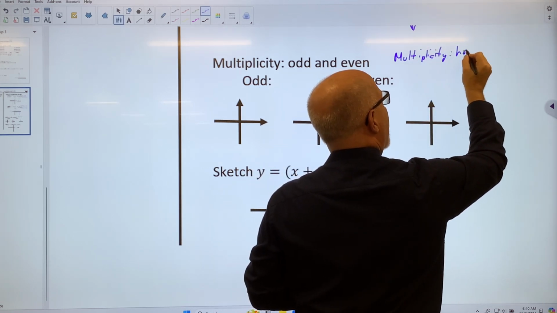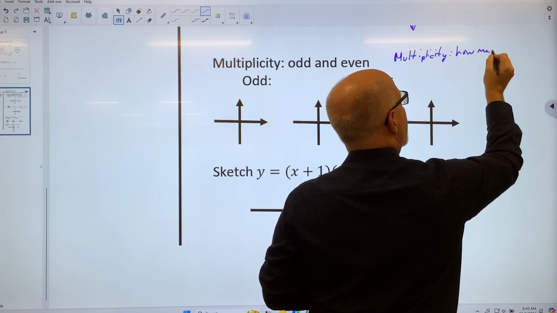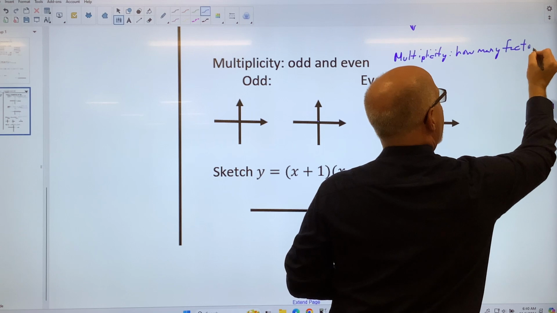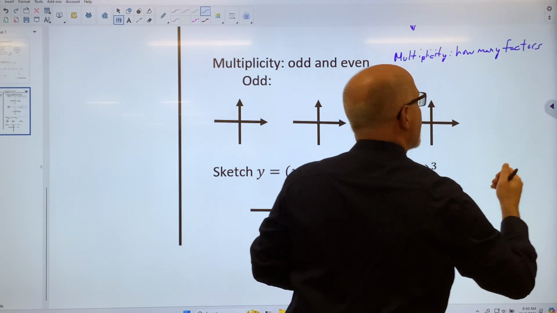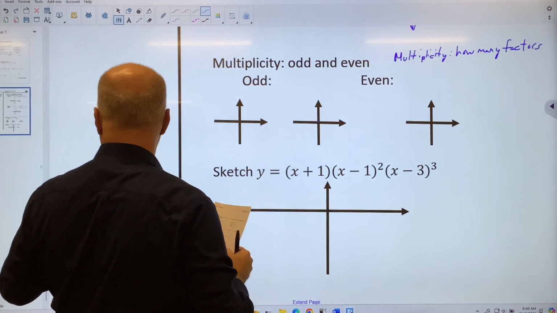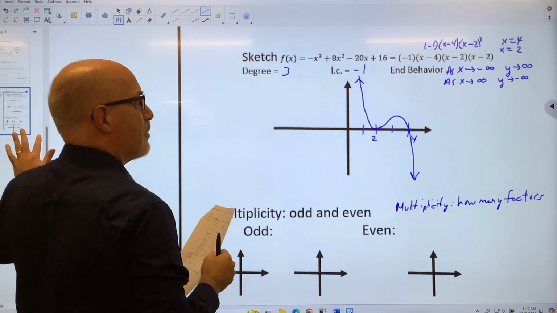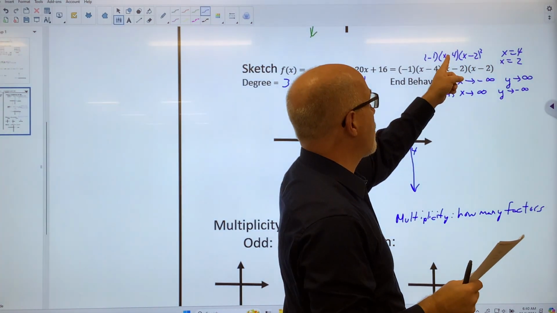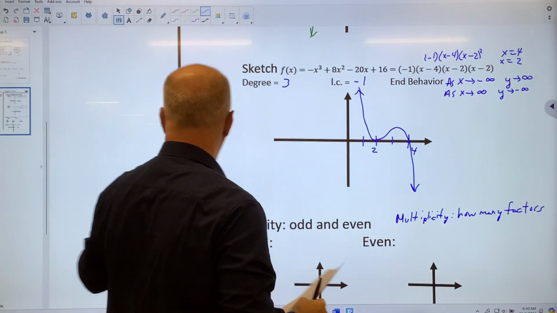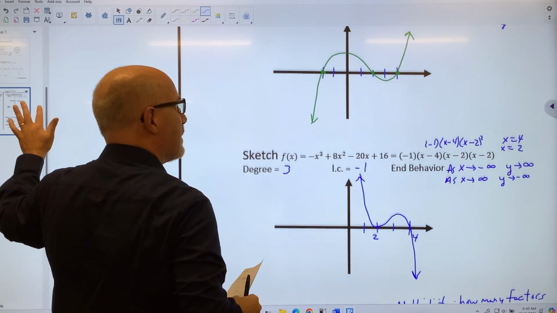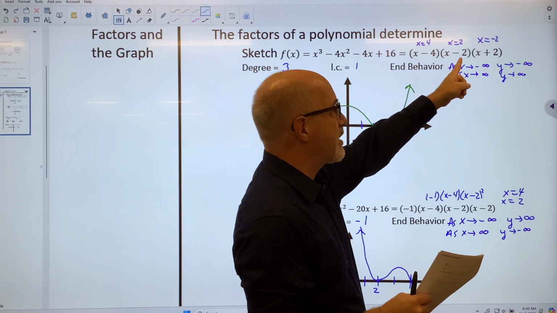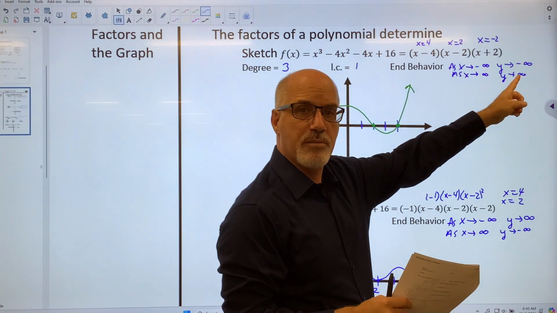Up here before, on this one, we had 2 factors of x minus 2 and 1 factor of x minus 4. What happened up here is we had 1 factor of x minus 4, 1 factor of x minus 2, and 1 factor of x plus 2.